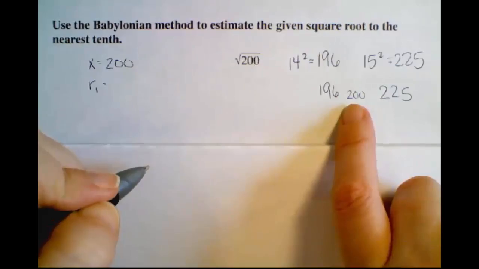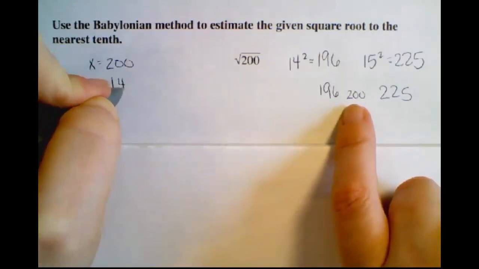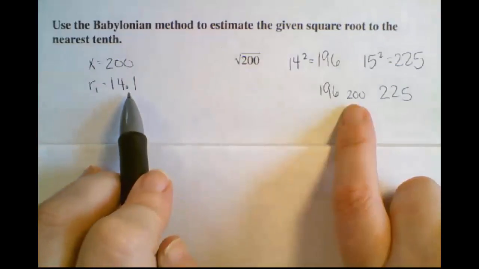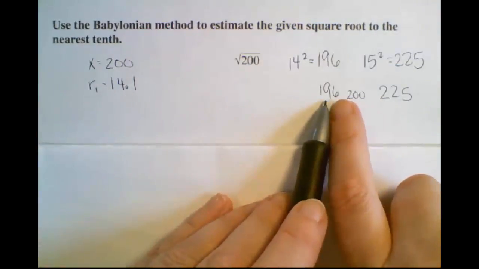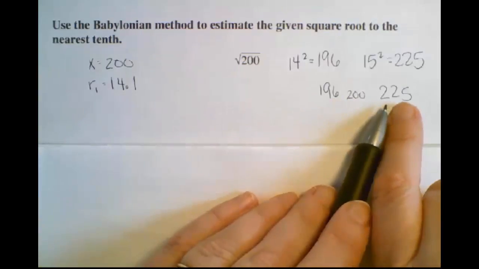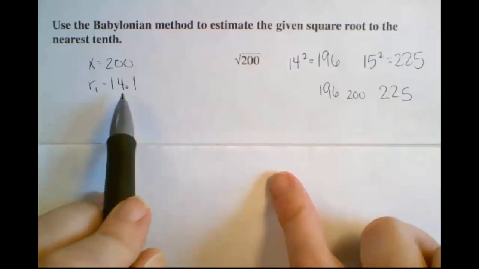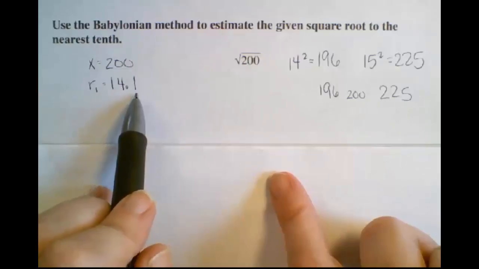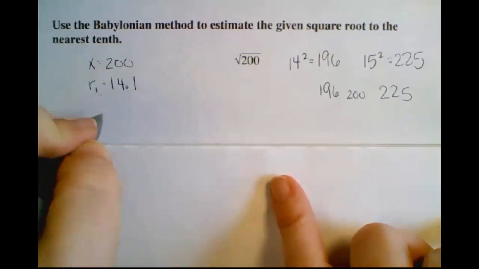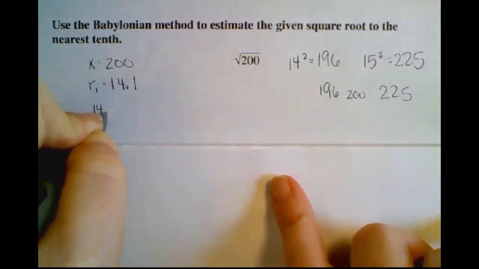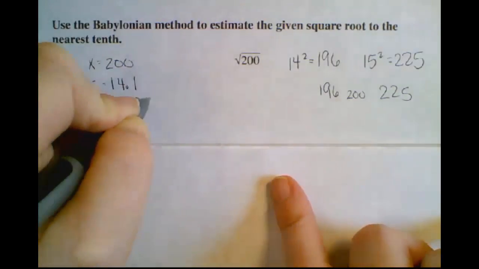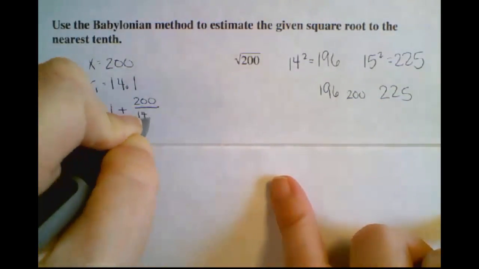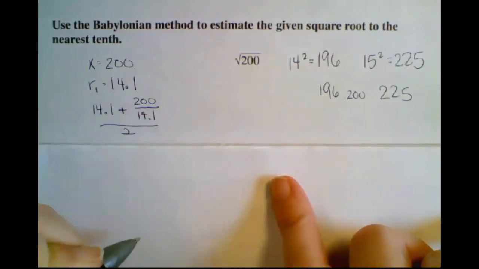Now I'm going to start off with 14.1. The reason I'm going with 0.1 instead of 0.5 is because 200 is so much closer to 196 than it is to 225. So I'm going towards the lower end of this guess. I'm going to take my first guess plus my X value, 200, over my first guess, all divided by 2.